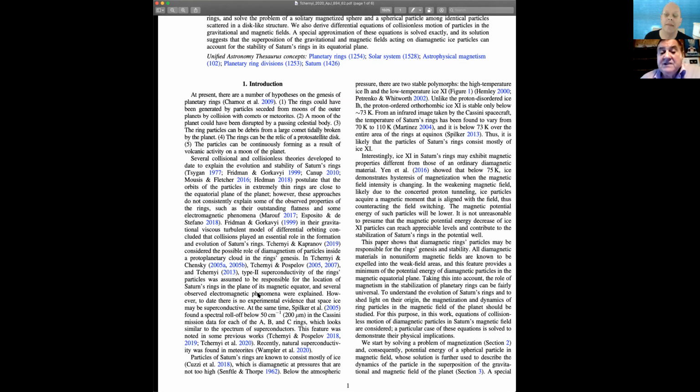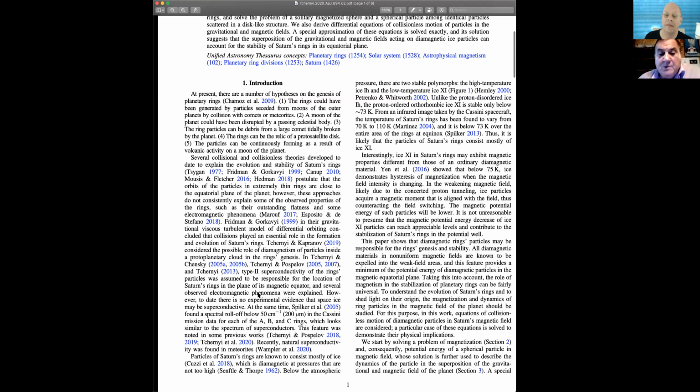We study magnetization and dynamics of the ring particles in the magnetic field of the planet. For this purpose, we developed equations of collision-less motion of diamagnetic particles in Saturn's magnetic field, and then we solved a particular case of these equations to demonstrate their physical implications. Then we describe the dynamics of particles in the superposition of the gravitational and magnetic field of the planet.